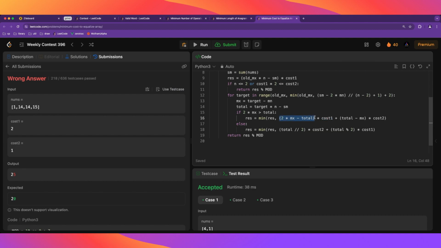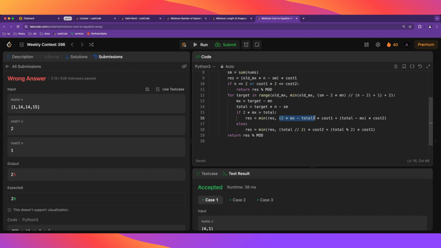We always pair this one that is so big that we cannot cover it with two operations. We pair it with all the others, right? We increment the maximum, and we increment another one. Then we again increment the maximum, and we increment another one, and so on.